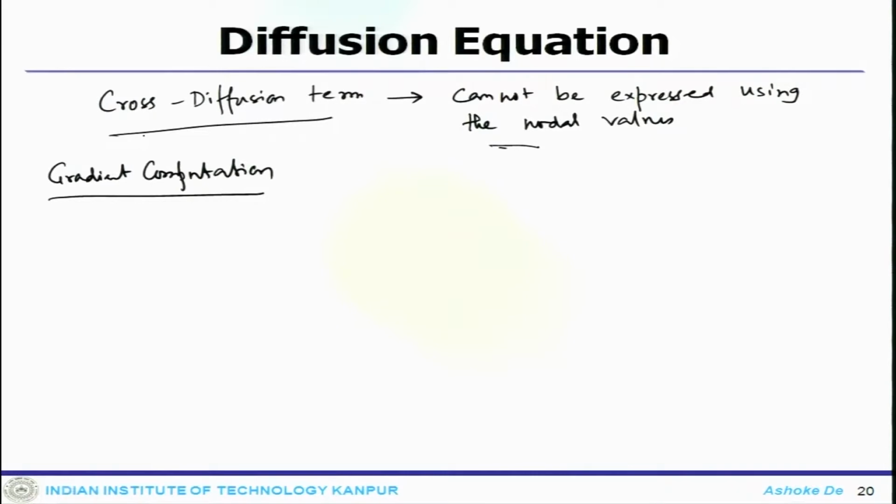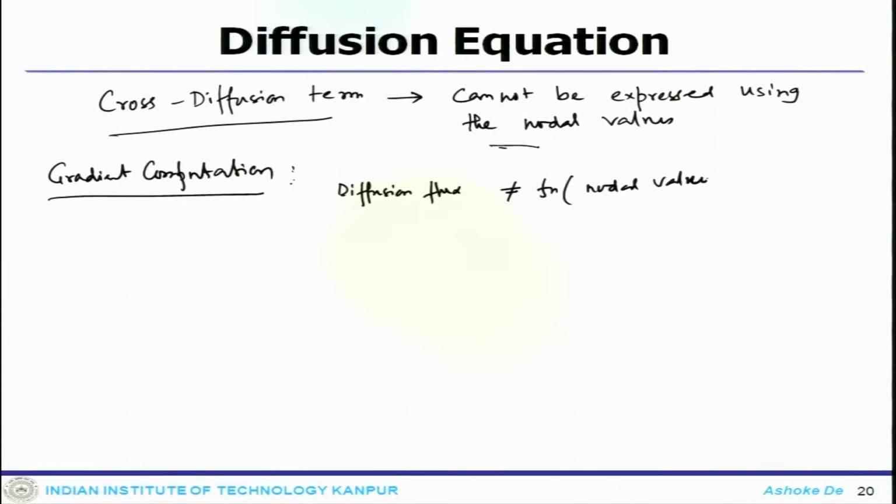So, gradient computation: the point here is that in a non-orthogonal domain, as we have already come across, the computation of the diffusion flux itself is complex, because it cannot be linearized in a straightforward way, and also cannot be written directly as a function of nodal values.